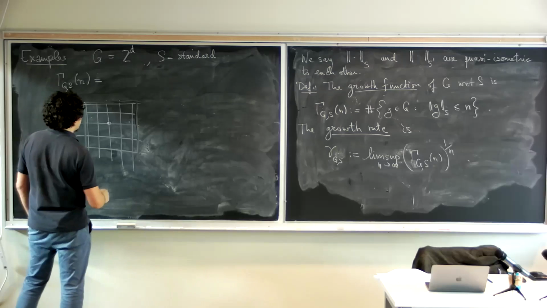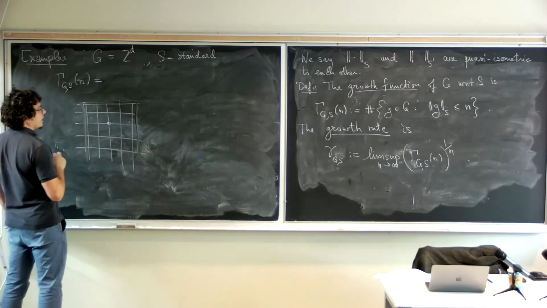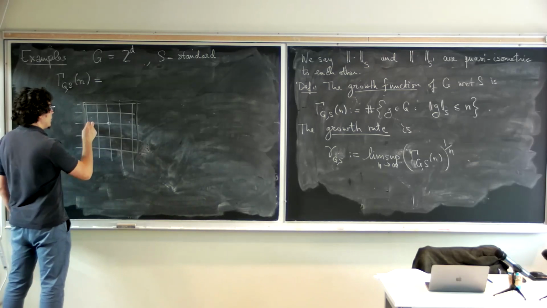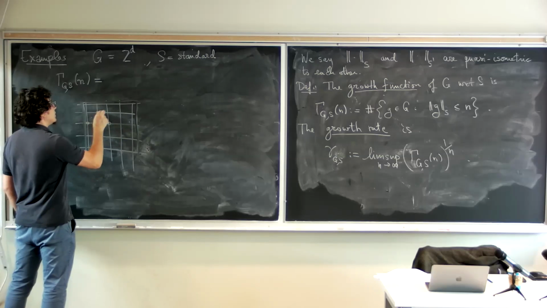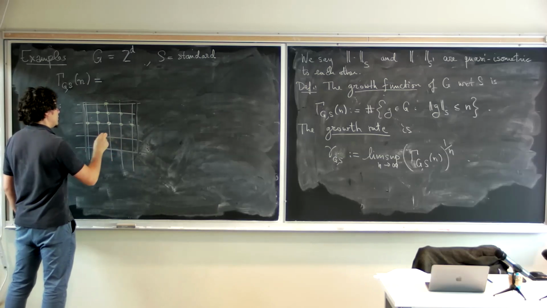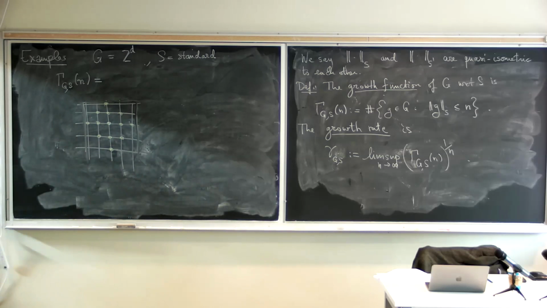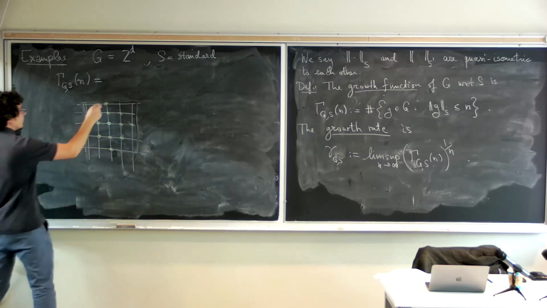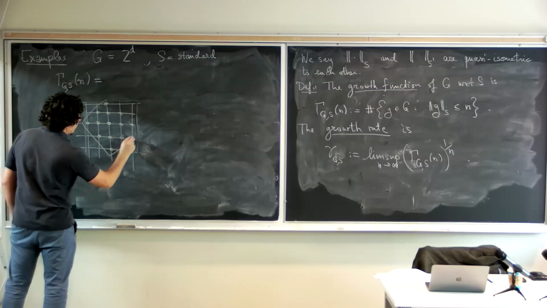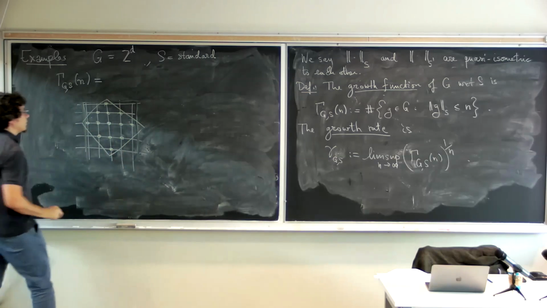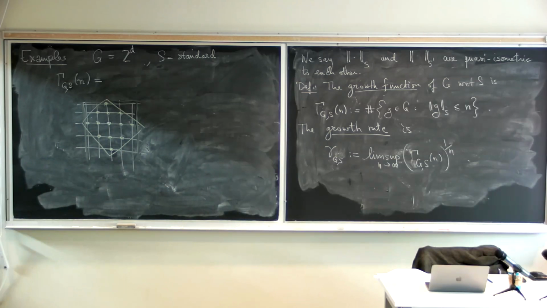Suppose you take n equals 2, then you get these guys. How many are there in this case?